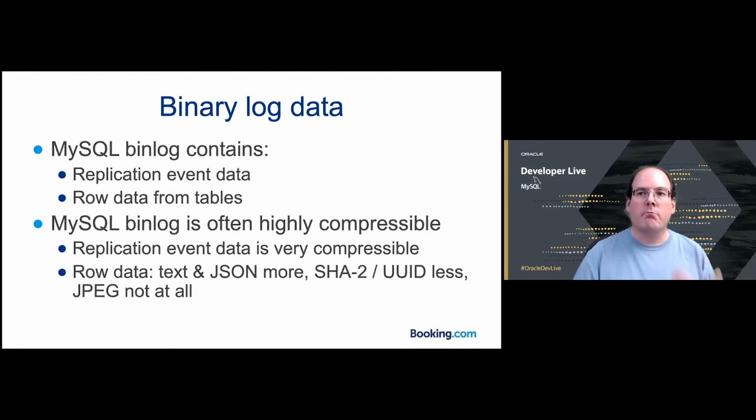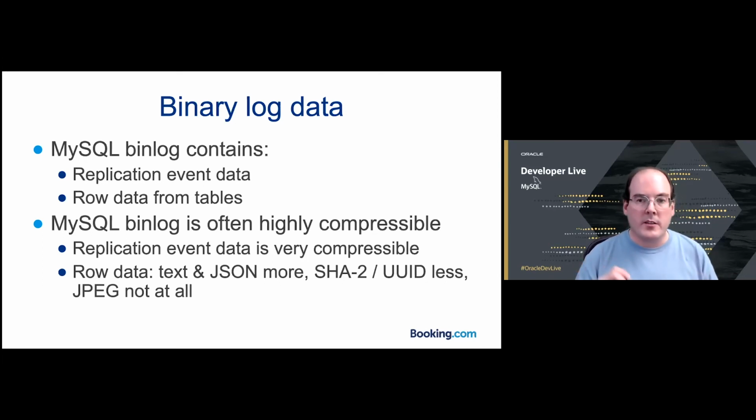Row data compresses depending on what kind of data it is. Text and JSON compress very well. Plain numbers also compress very well. So if we have text of somebody's review of the hotel, or we have a JSON object of transaction information, that compresses very well. Things like UUIDs and hashes and so on compress less well, but they still compress.